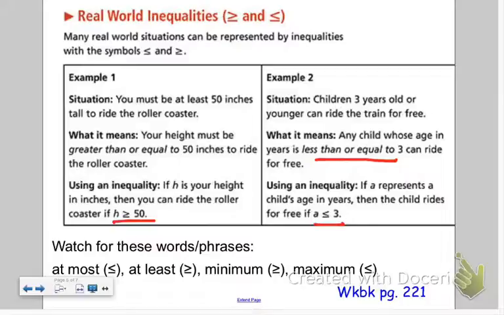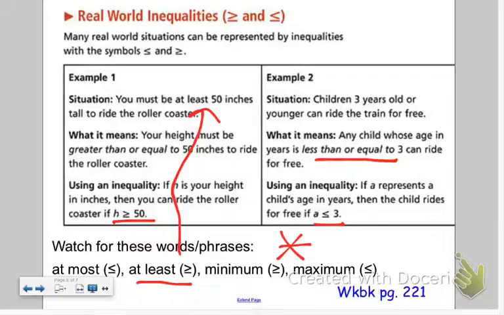There's a couple words, this isn't in your book, but I want you to watch out for this. This is really important. Watch out for these words and phrases because they're going to tell you what inequality symbol to use. So one that you saw earlier was at least, right? In this situation, at least means the smallest number could be a certain amount.